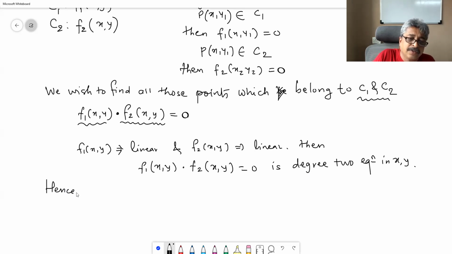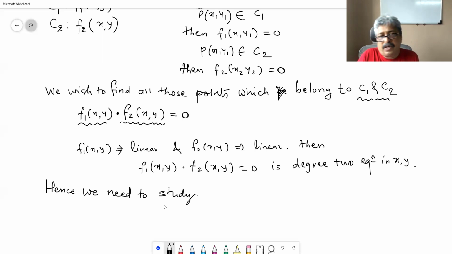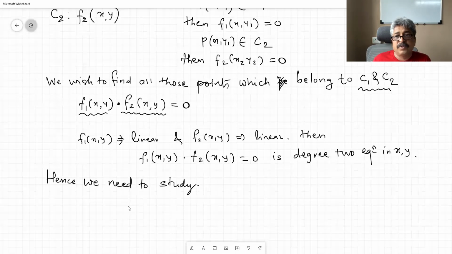Hence, we need to study. For example, if you multiply two linear equations, you will get a degree 2 equation in x and y, and that is why we require to learn it, as we are learning all degree 2 equations in x and y.